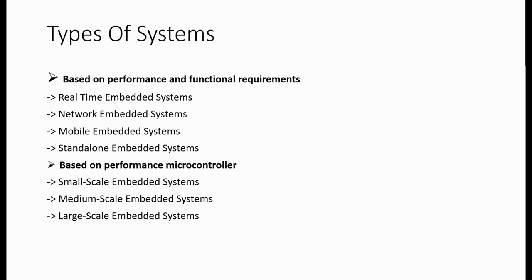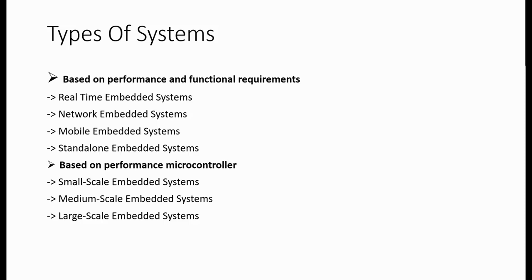Types of embedded systems. There are two types of embedded systems. One is based on performance and functional requirements, and the other one is based on performance of the microcontroller. Based on performance and functional requirements, there are four types. Real-time embedded systems give outputs within a strict time limit, like the airbag system in a car.